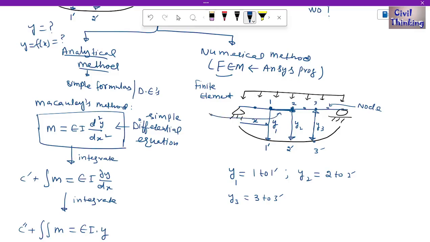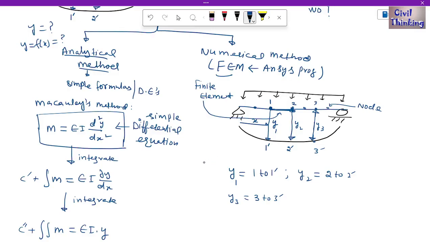A finite element is basically the line between two nodes, or if it is an area, then this is the area, and this is the element, because it connects the nodes. Anyways, this is not important right now.